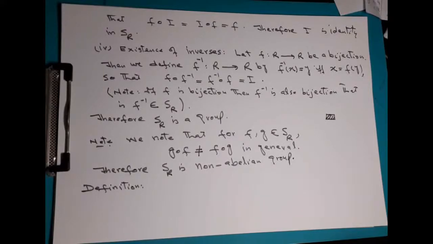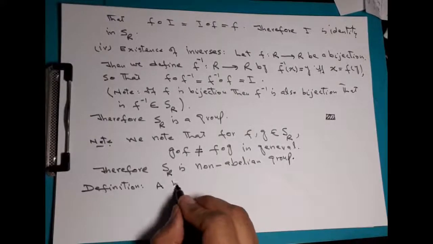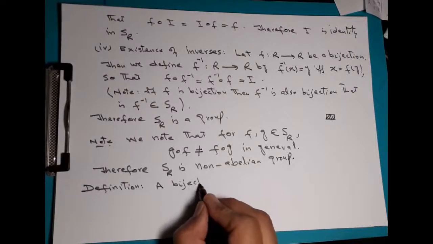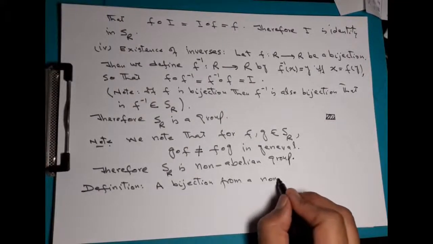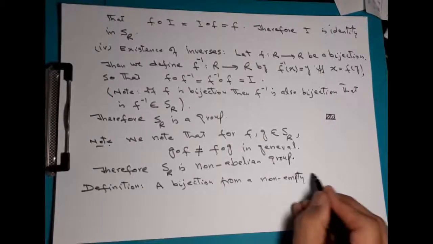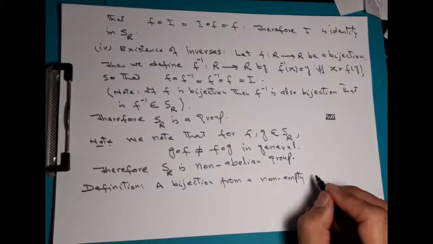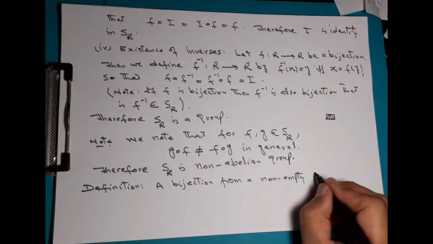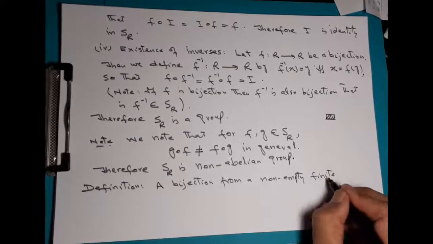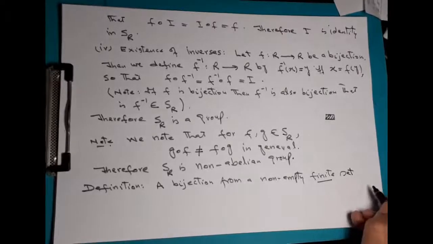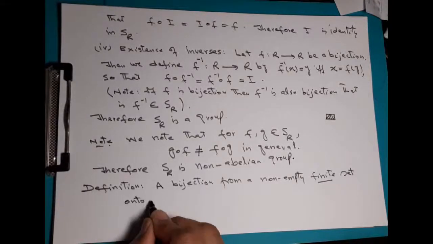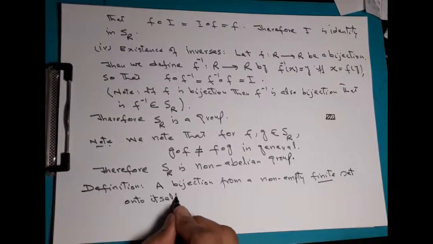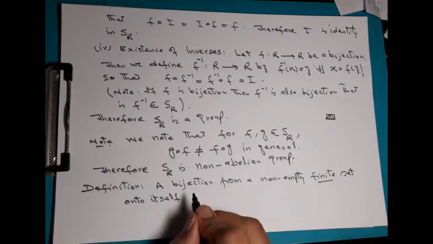So the definition is that a bijection from a non-empty finite set onto itself, note that finite set, is called a permutation.